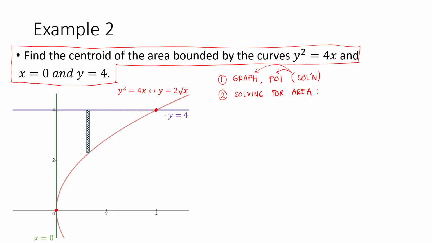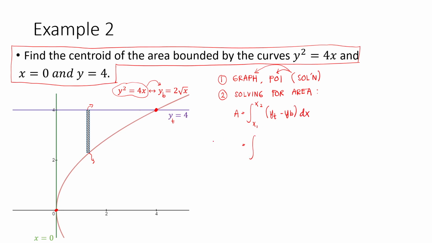So y top is y equals 4. This is y top. And then y bottom is the red graph. So if this one is your equation, isolating y to get y bottom, y bottom is equal to 2 square root of x. So area is equal to, from x1 to x2, y top minus y bottom dx.